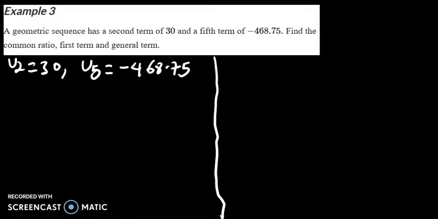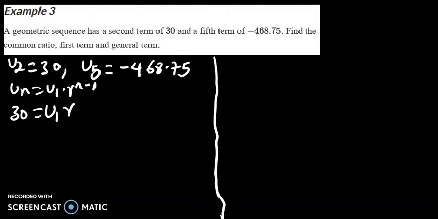Using this formula, we can simply solve this. un is u2 in this case, that's 30. u1 we don't know yet; we are supposed to look for it. Times r, because if you put 2 here, 2 minus 1 is 1. So that is u1r.